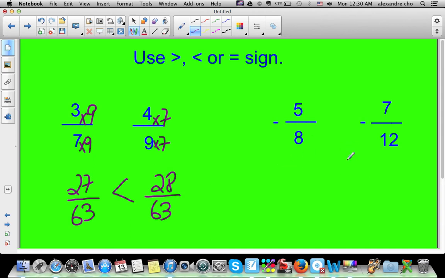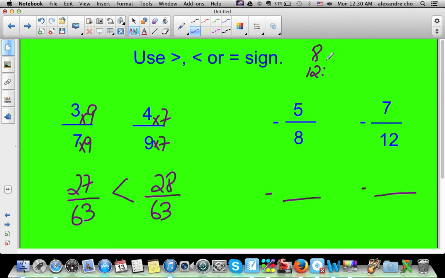Here, again, same thing. They have different denominators. These are negatives, though, so be careful. Let's make sure we have our negative sign. And we're going to pick a number that 8 and 12 go into. Well, okay, this is finding the LCM. Okay, remember, I'm going to do it on top, just in case you guys forget. 8 and 12.